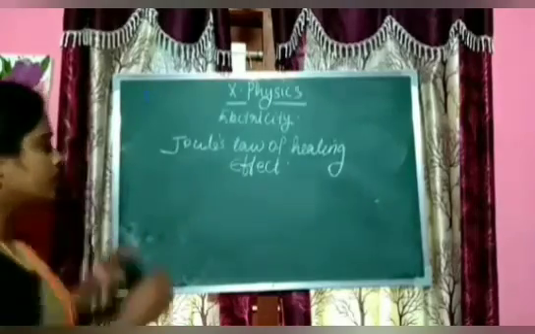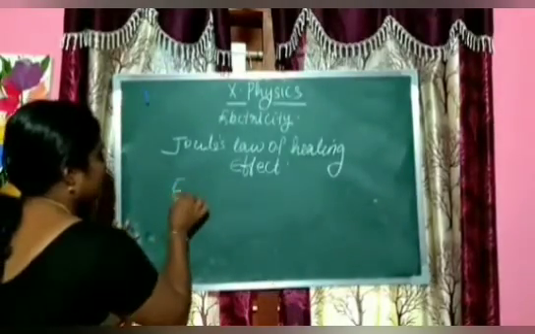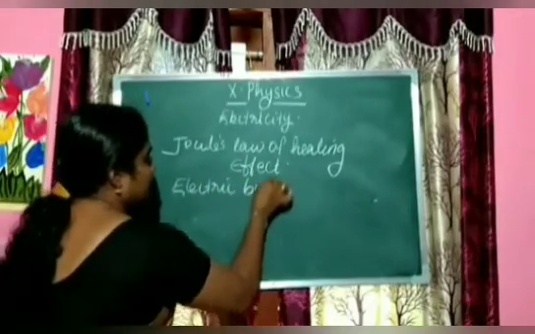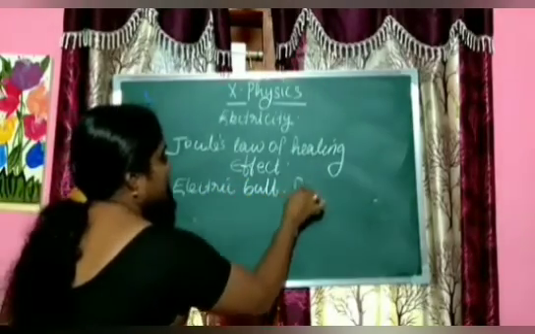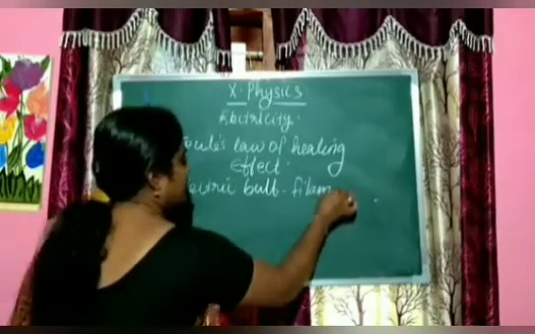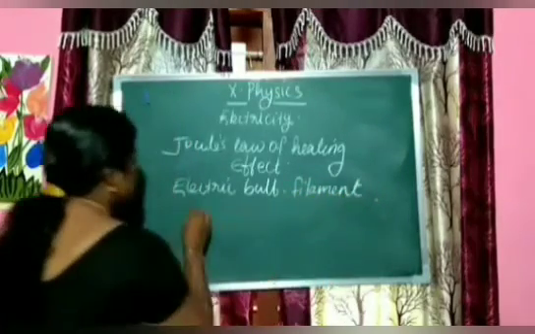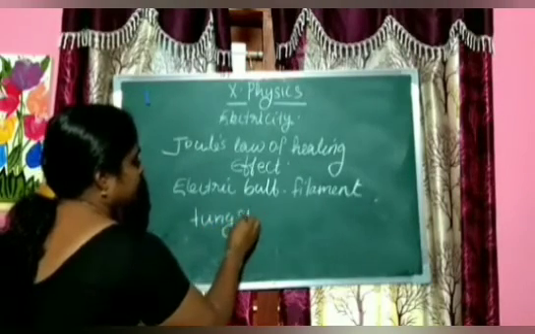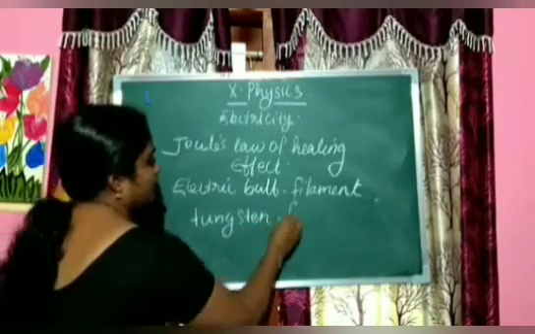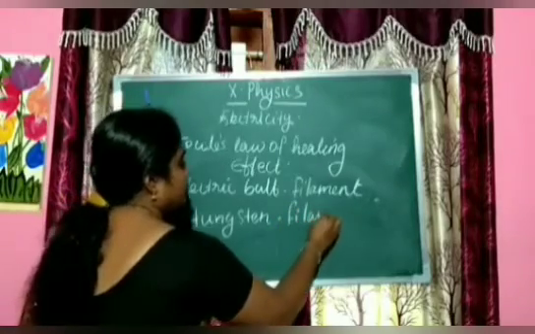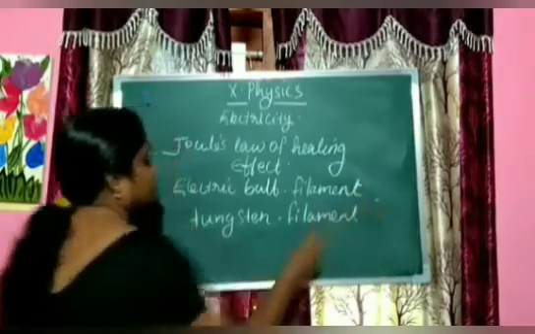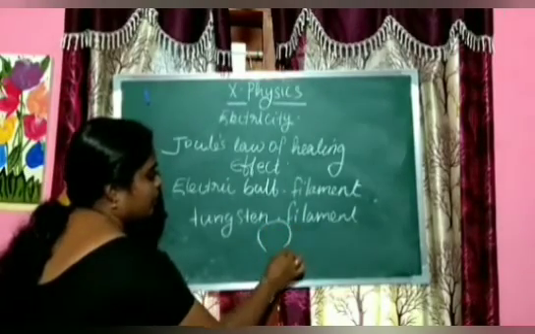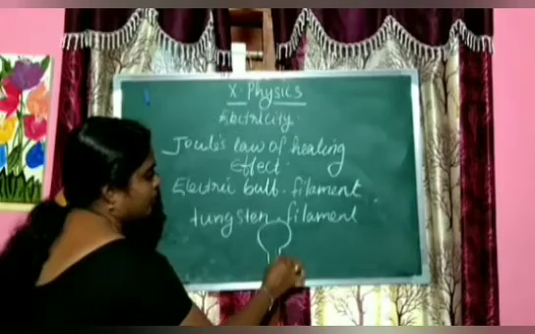An electric bulb, that means a filament lamp or incandescent lamp, consists of a glass covering and a tungsten filament.